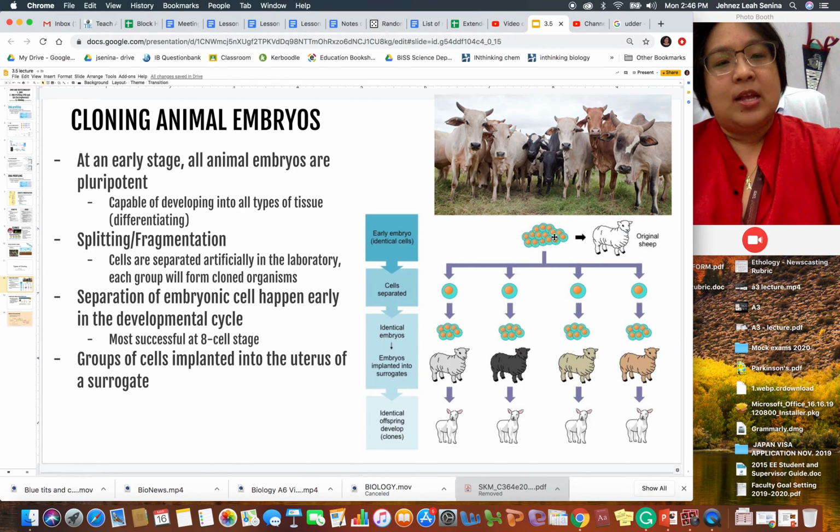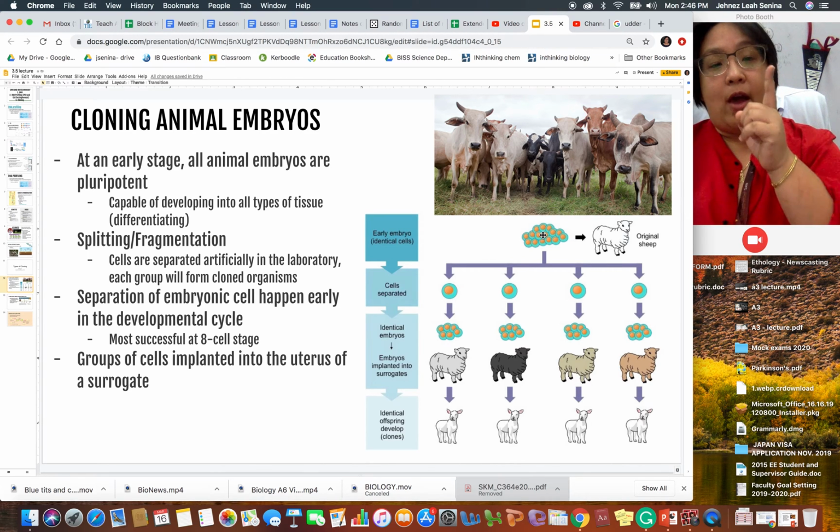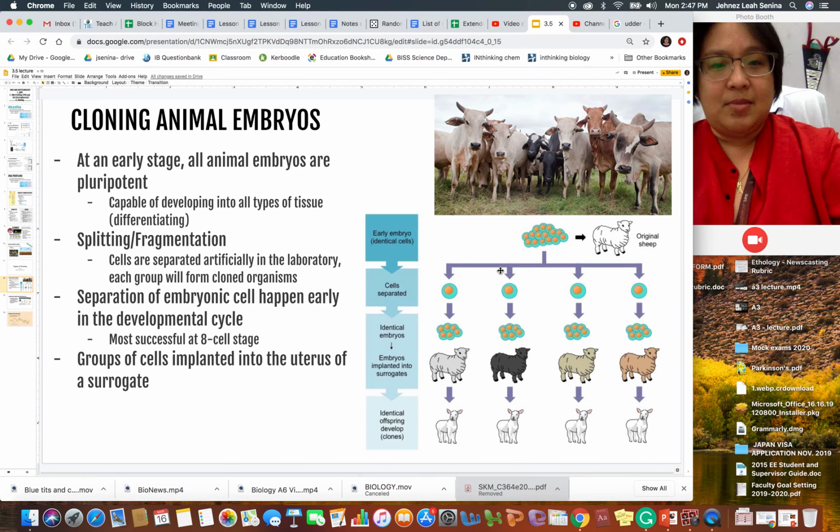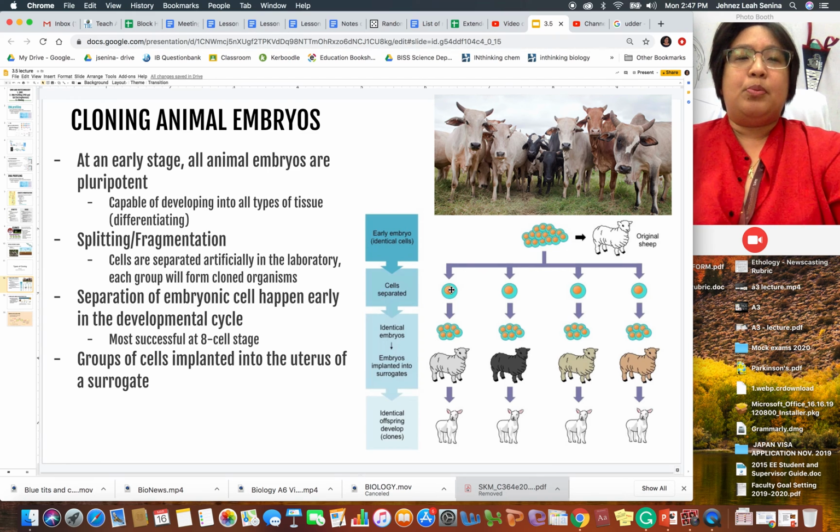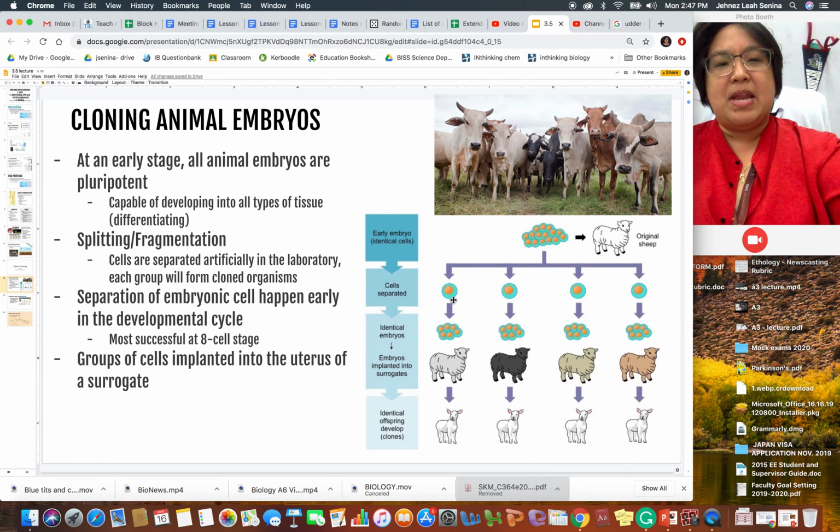This embryo can grow into one cow. But all of these embryos are similar to each other. They all have the same genes. So what I do is I fragment them. In other words, I separate them into individual embryos. And each of these embryos is pluripotent, meaning it can become many cell types.